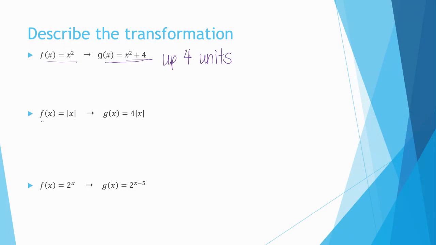Looking at the second one, my parent graph is the absolute value of x. This time I have multiplied by a 4. I've got a 4 out front. That's not moving left, right, up or down. What it's doing is shrinking or stretching the graph. Think about it this way, you're stretching vertically. A number bigger than 1 stretches it, a number smaller than 1 shrinks it.